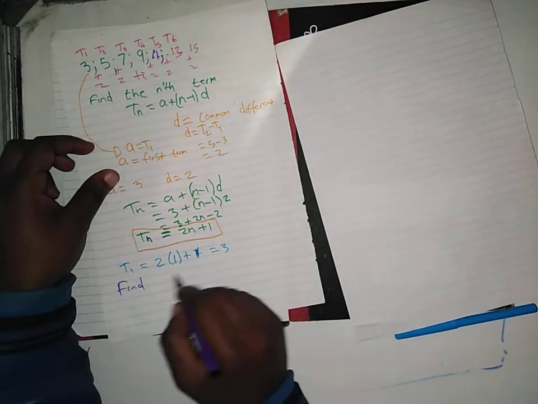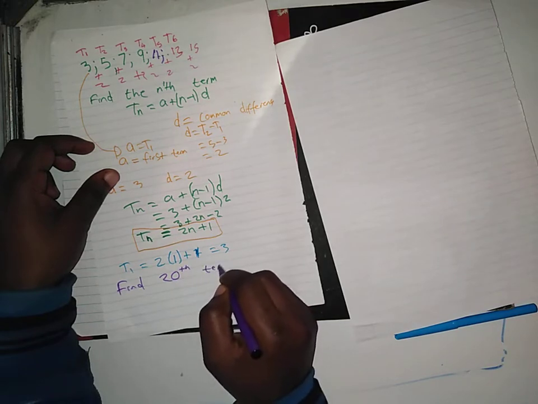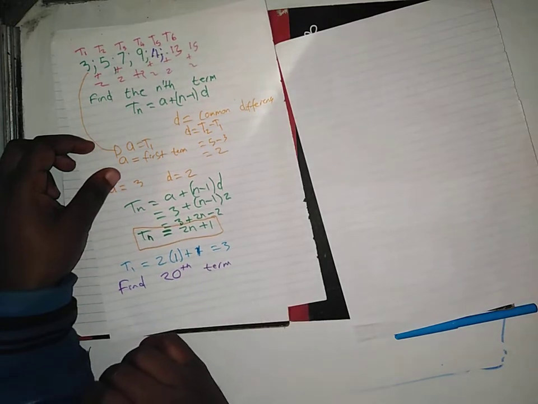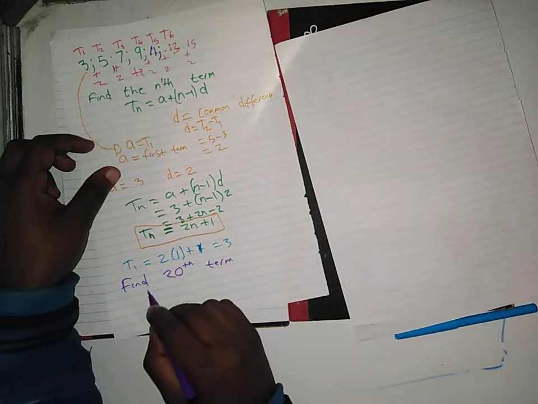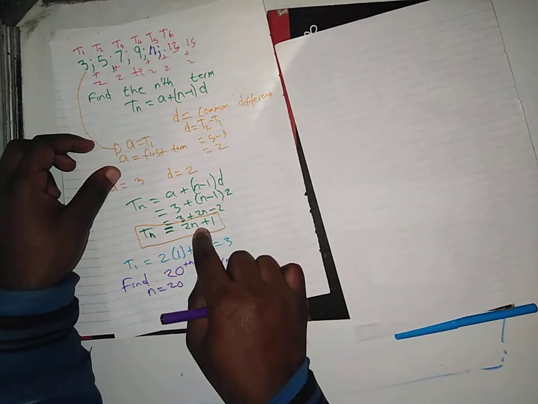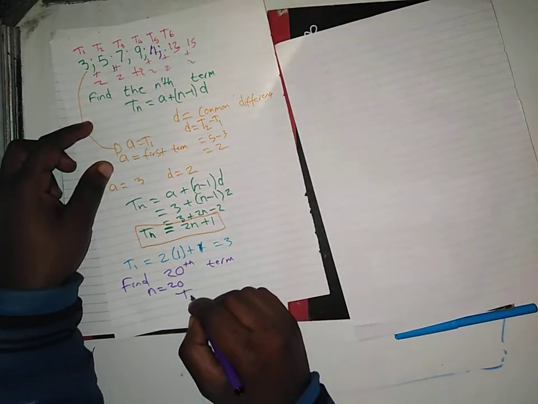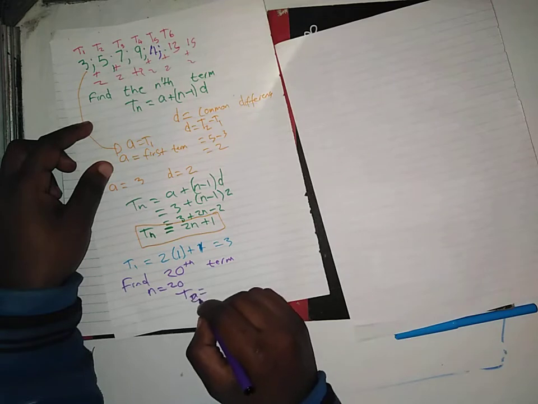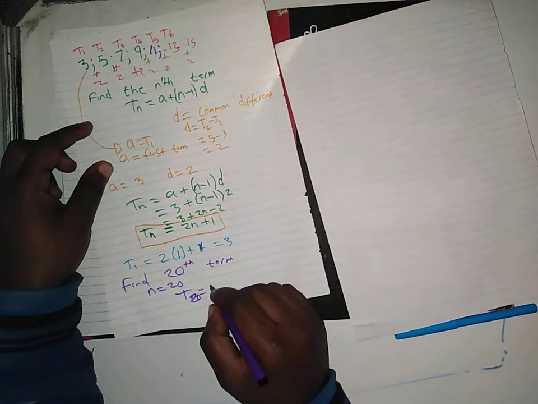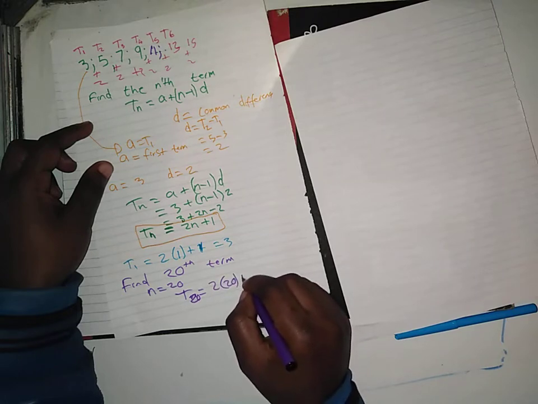Find the 20th term. Guys, that means that n is equal to 20. So we're going to go back, because we already know the equation that generates this sequence. We're just going to say T20 is equal to 2 times 20, and then plus 1.